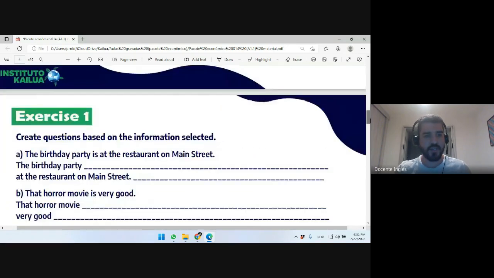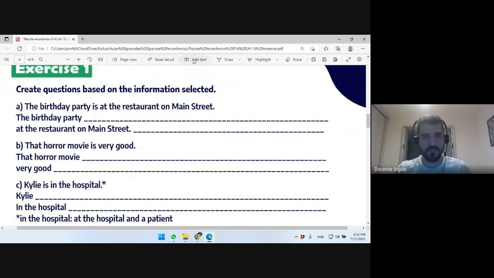So the question is, what is at the restaurant on Main Street? So the birthday party is the answer to the question.